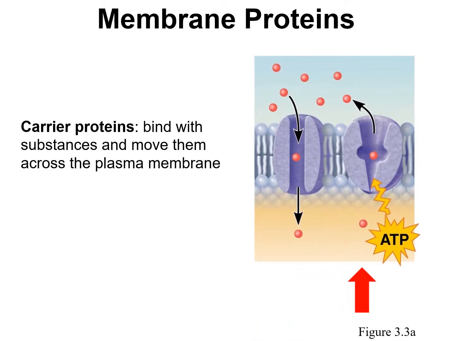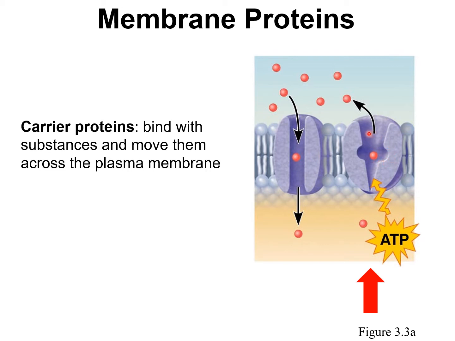In addition to serving as ion channels, transmembrane proteins can also be carrier proteins, where they will bind the substance on one side, change shape, and release it on the other. So they're different from ion channels. Ion channels are like tunnels.